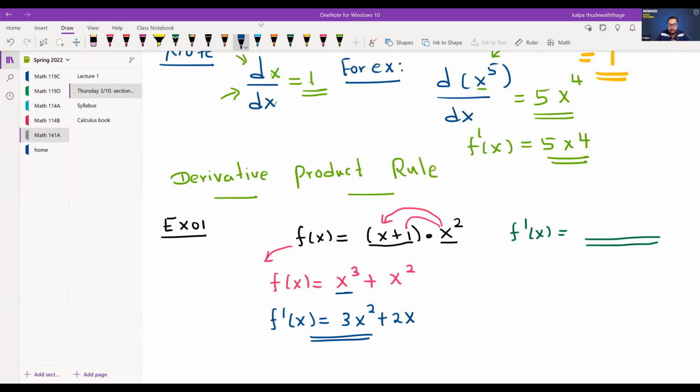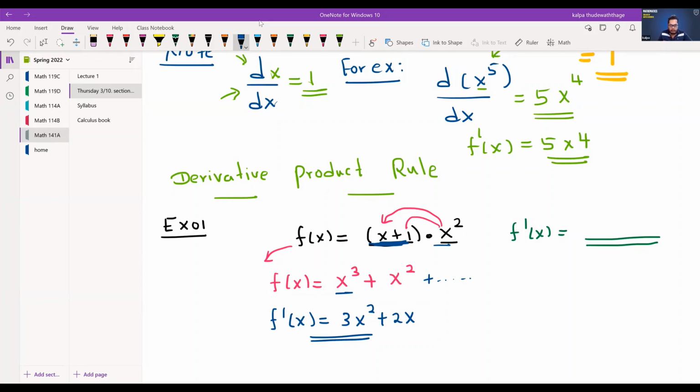But the problem here is you always need to simplify your brackets and write it as so many sums. You may think this is very easy, it's not a big problem to multiply these two. But imagine when you do a lot of hard questions, you will get so many terms, plus, plus, plus, and so on.